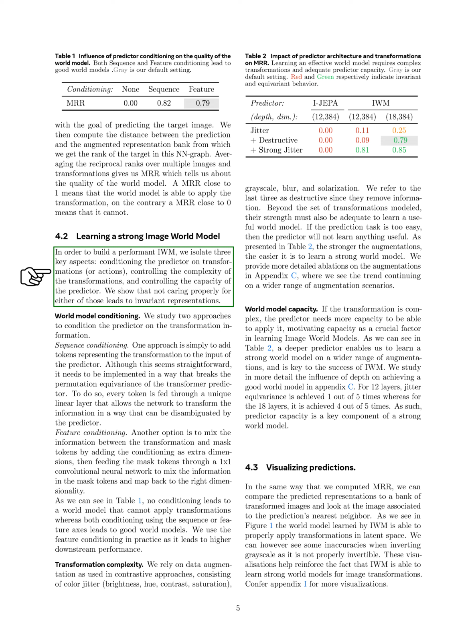Building a strong image world model, IWM, requires focusing on three main areas: how the predictor is conditioned on transformations, managing the complexity of these transformations, and ensuring the predictor has enough capacity. We explore two ways to condition the predictor on transformations: sequence conditioning, where transformation information is added directly to the input, and feature conditioning, where this information is mixed in with the input in a more integrated way.